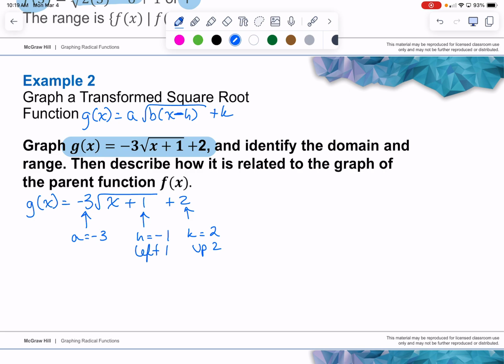Then a equals negative 3. There's two parts to this, the negative and the 3, right? What does the negative do? Yeah, it's that flip down across the x-axis, right? So it reflects down. And the 3 is a? Stretches it. The y values are 3 times as high as they would have been normally.